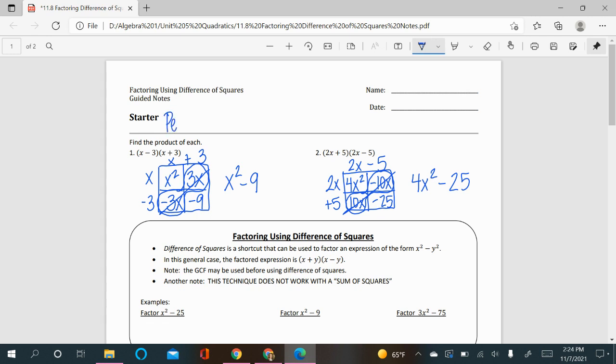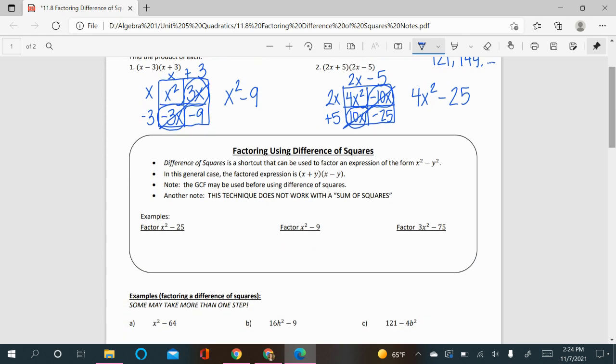So I'm going to make a list up at the top of my perfect squares: 1, 4, 9, 16, 25, 36, 49, 64, 81, 100, 121, 144, and then they continue. When we are factoring difference of squares, these are the numbers you are looking for.